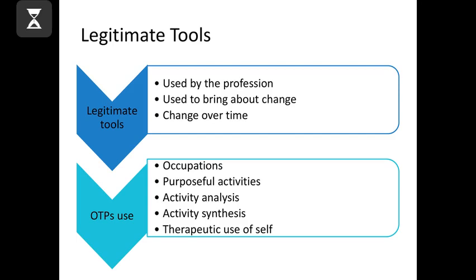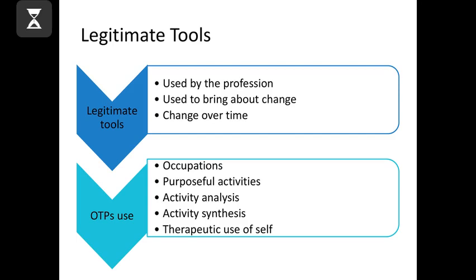Why would they change over time? Well, we're a dynamic profession. We want to use tools that are based on the best evidence, knowledge of the profession. Technology is changing all the time, so our tools will change. And we also consider the needs and values of both the profession and society.